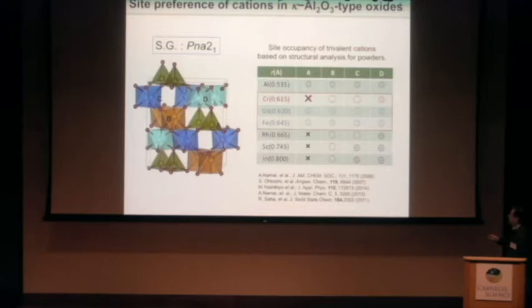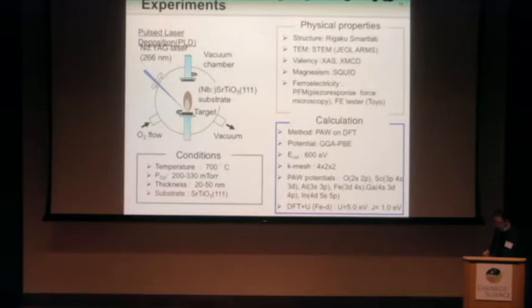So if we substitute chromium for gallium, chromium is expected to be accommodated in the octahedral site. And according to previous neutron diffraction data for the nanopowders, the chromium ion can enter the C and D sites, the octahedral sites in the corundum layer.